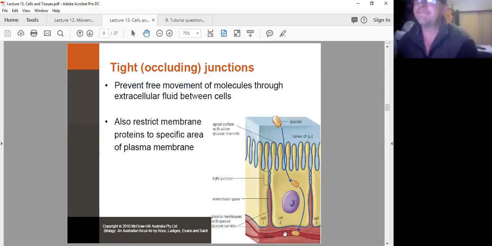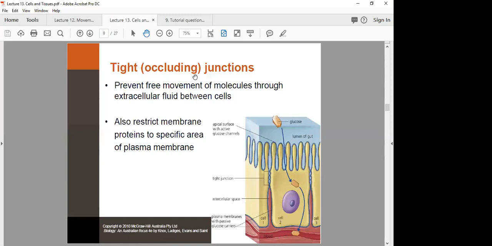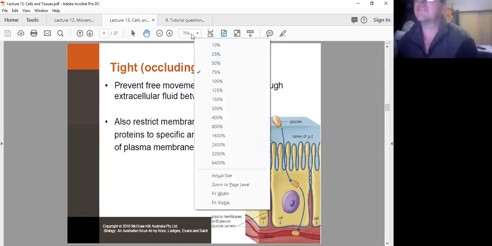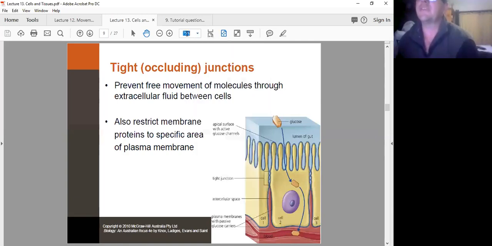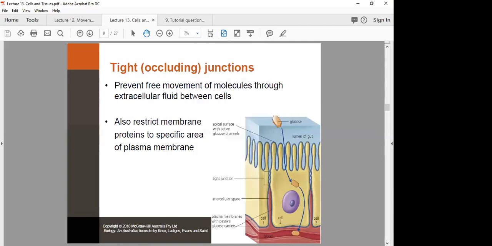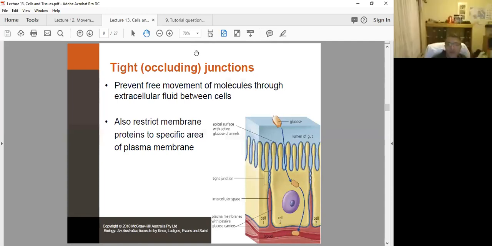No. Let me try going a little bit lower. Just type 70 and see where we go. No, it won't even let me go to 70. Oh, that's interesting. I can see the bottom of it, but I've got it on full screen view. Yeah, I can see it too. So you can all see the bottom?